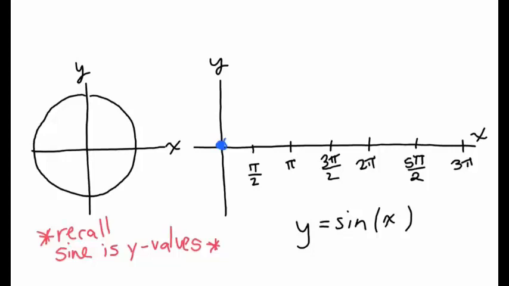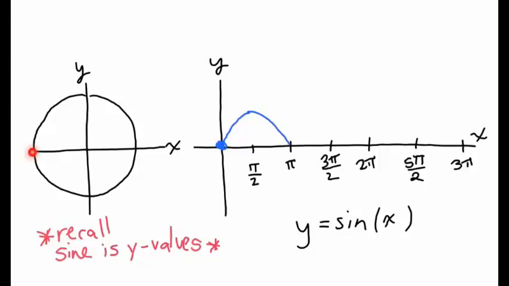As we move towards pi by 2, we get closer to a value of 1. Next, as we move from pi by 2 towards pi, our y value decreases from 1 down to 0. So as we move from pi by 2 down to pi, we decrease down to 0.